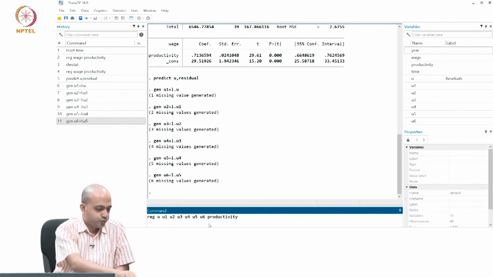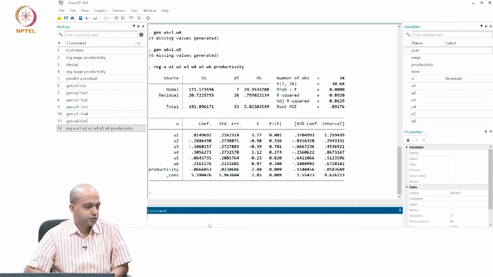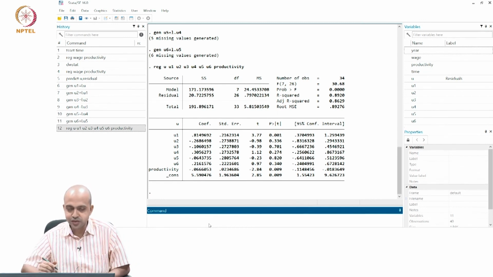Now, if you press enter, this is the output, and from here, what is the R square? R square is 0.8920, and that should be multiplied by n minus p.